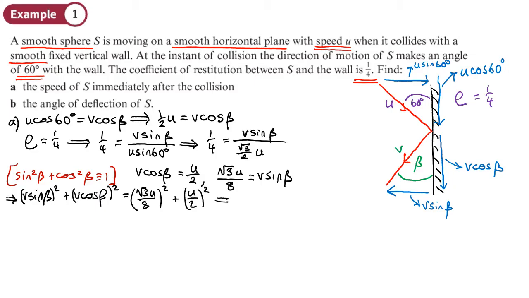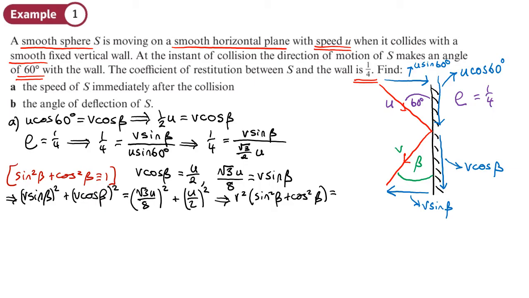Now the bits in the brackets here, I'll get v squared sine squared, v squared cos squared, so I'm going to take the v squared out, so I'll have v squared, and then sine squared beta plus cos squared beta, which I know is 1, and that equals what I've got on the other side.